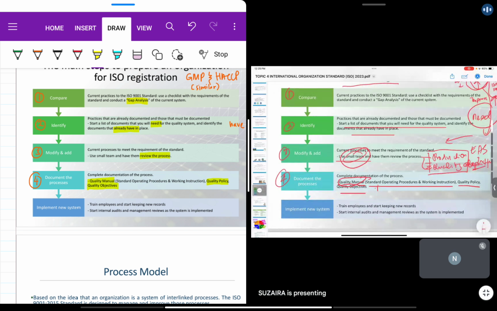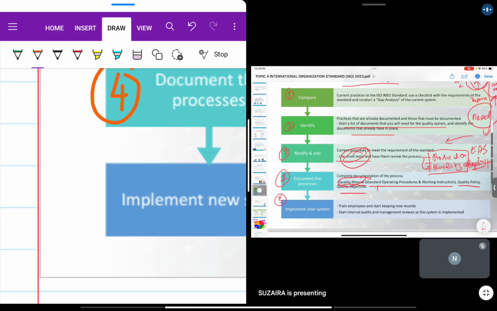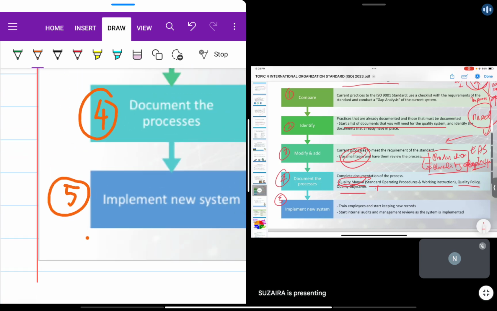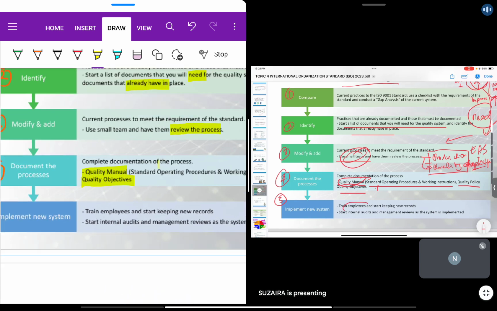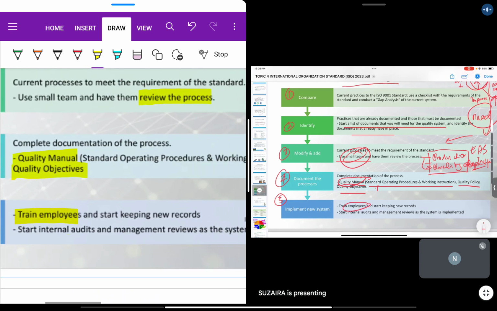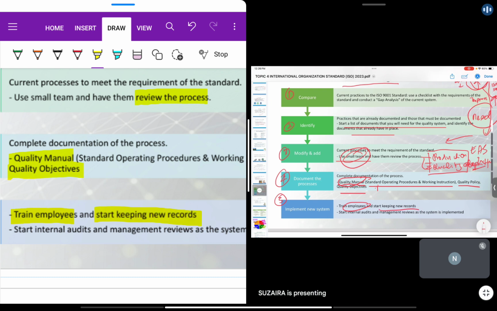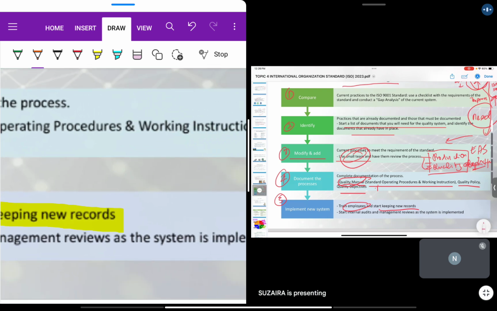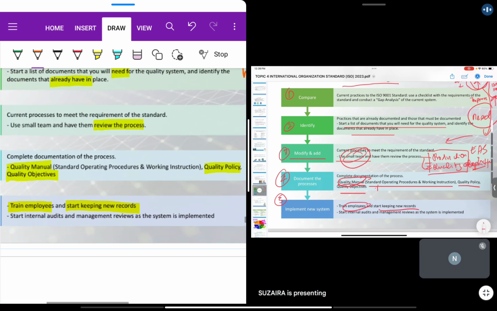And the last one, once you have documented everything, now you need to implement the new system. In order to implement a new system, of course, you need to train the employees, all the operators. And remember just now, probably there is some area where you are lacking, so you have to modify and add into your current process. Modifications and additions will involve new documentation inside the document control.